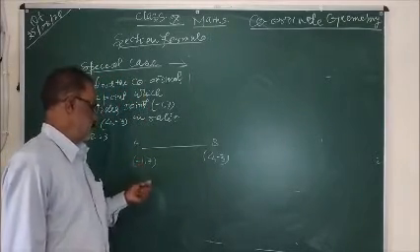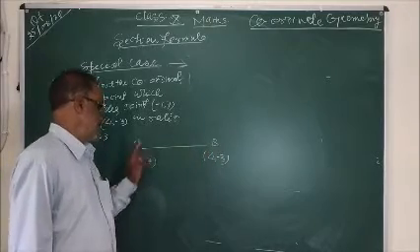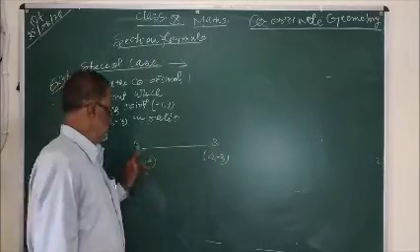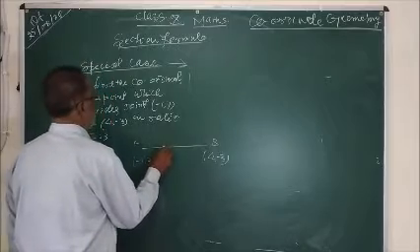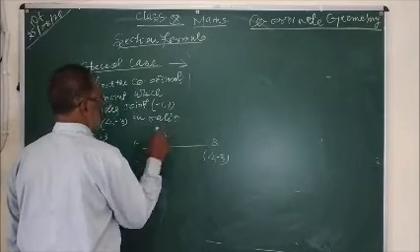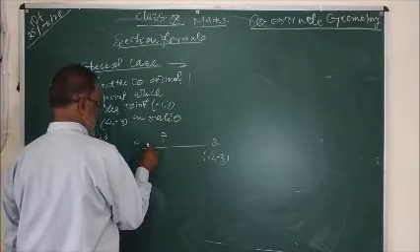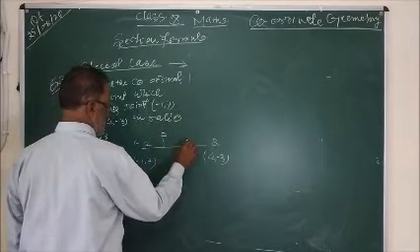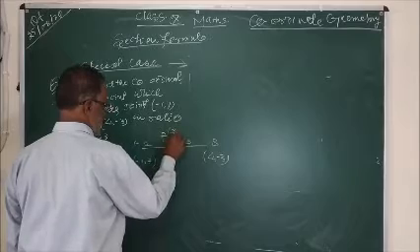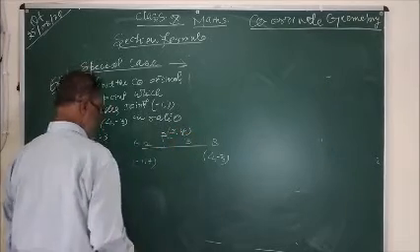you can take this coordinate here or there, no difference. So this is the point, and this is the point which divides in the ratio 2:3. So this is 2 and this is 3. And you have to find the value of x.